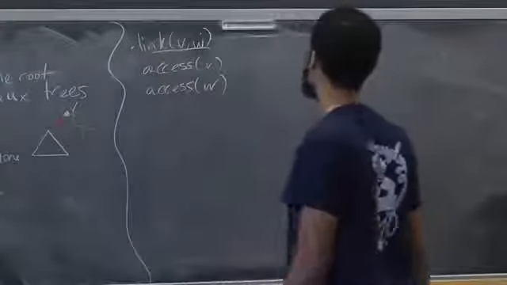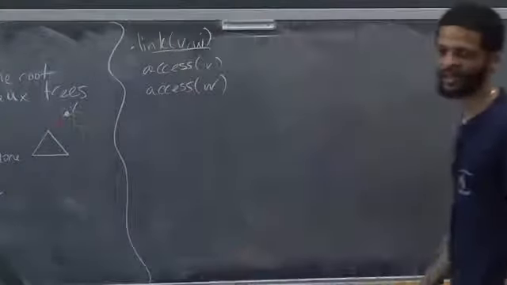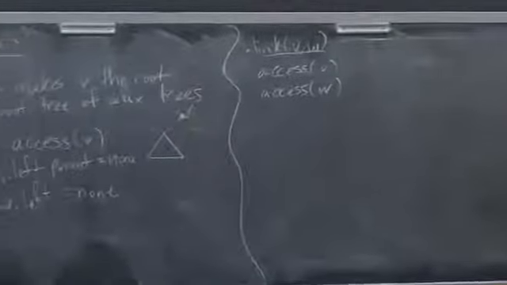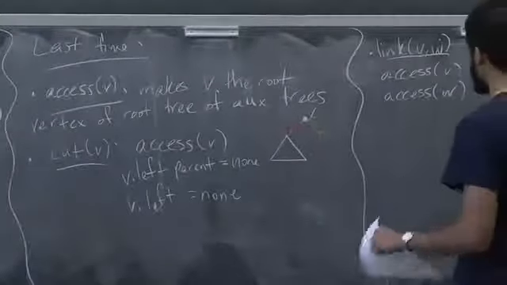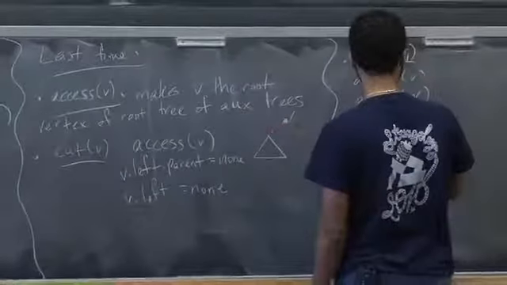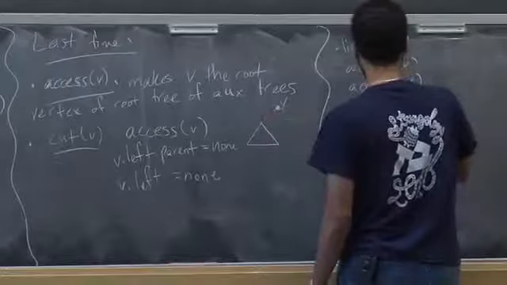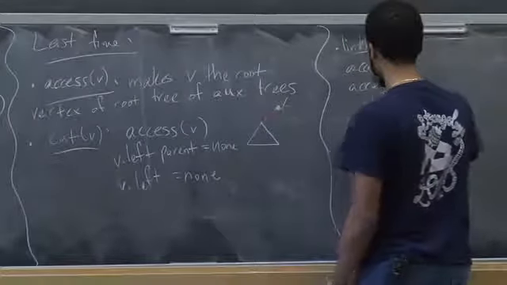Now both of them are the roots of their respective tree of aux trees. And then we need to just splice in w as a left child. So v.left equals w, and w.parent is v.